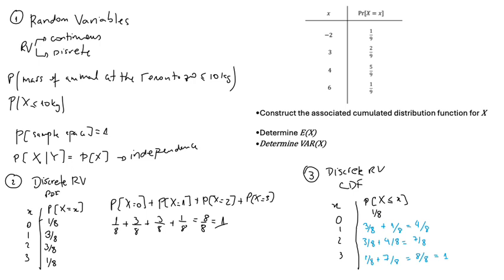Oh no, before we continue with item number 4, we're going to solve this exercise here, item A of this exercise. Item A is: construct the associated cumulative distribution function of X.